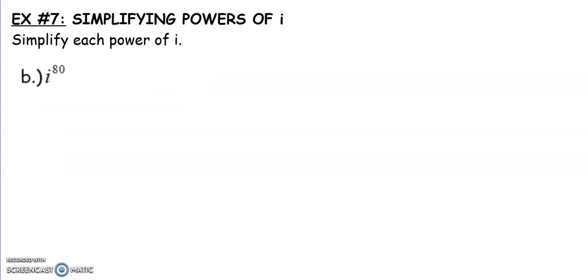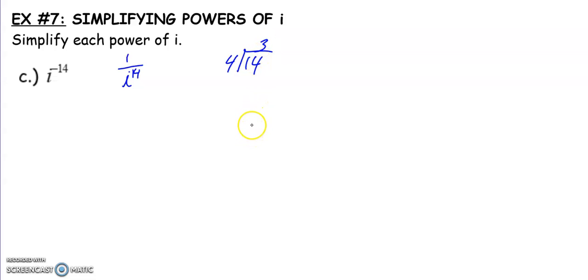I would like you to try the same thing with this one. You go ahead and try this one, and I'm going to do this one with you right now with the negative exponent. Our exponent rules, all of them, even the negative exponent rules, still apply to the powers of i. So if we have i to the negative 14th power, I can rewrite that as 1 over i to the 14th power. So we're going to take our 14, and how many groups of 4 can I get out of it?